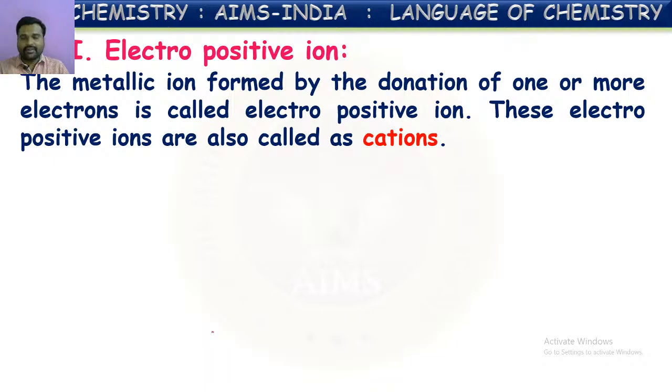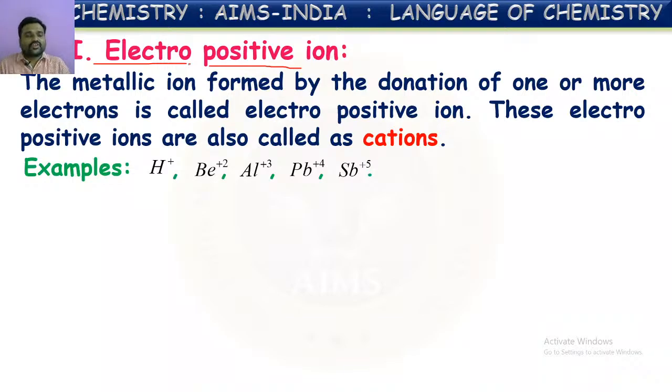These electropositive ions are also called cations, as we have seen earlier. Simply put, the ions with a positive charge formed by the loss of electrons are called electropositive ions, which are also called cations.